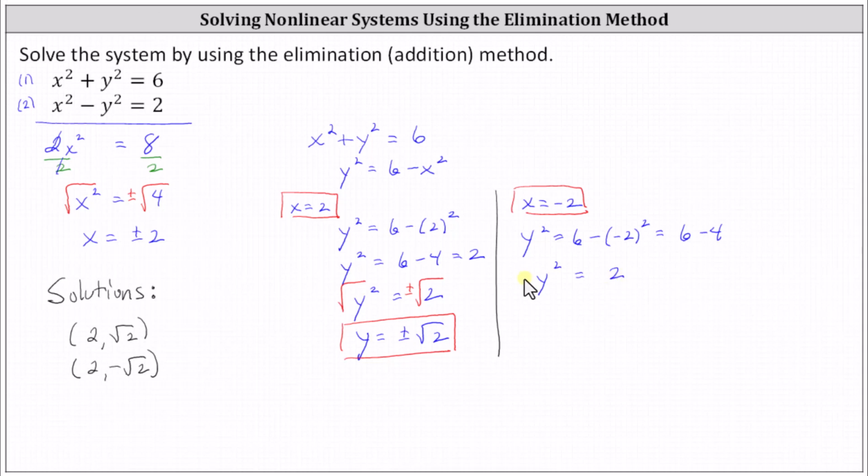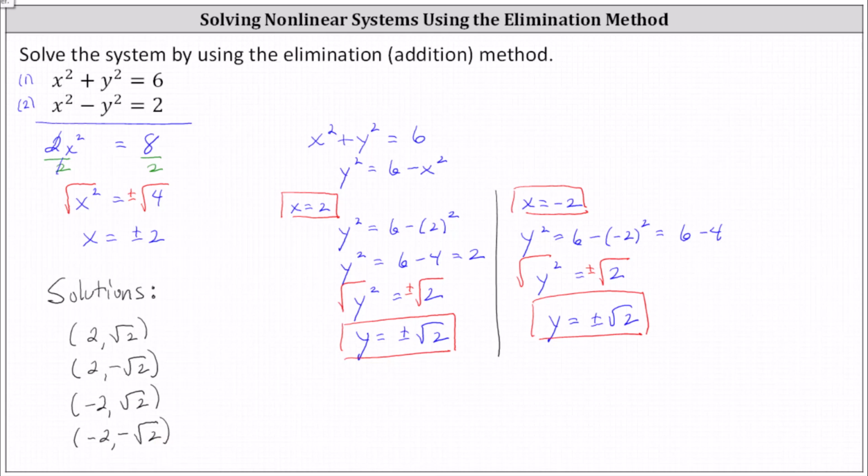Solving for y, we now know when x equals negative 2, y can equal plus or minus square root 2, which indicates we have two more solutions. We know when x equals negative 2, y can equal square root 2, and if x equals negative 2, y can also equal negative square root 2. The given system of equations has 4 solutions.